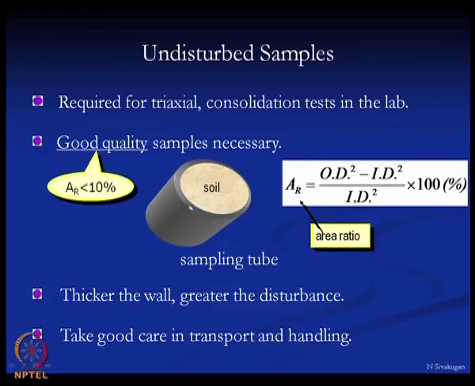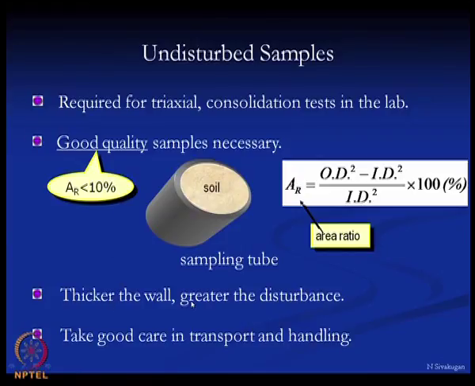If this is a sampler tube, it is a hollow tube with an inner diameter and an outer diameter, and the area ratio can be determined as the outer diameter squared minus the inner diameter squared, divided by the inner diameter squared, expressed as a percentage. We can measure the inner and outer diameters of a sampling tube and determine the area ratio. For a good quality soil sample, this area ratio should be less than 10%.